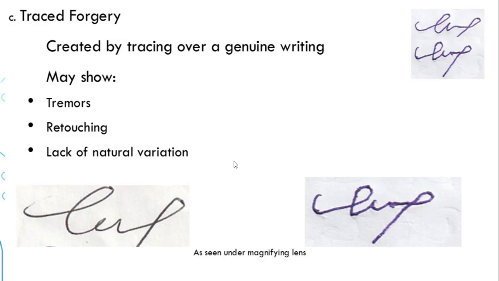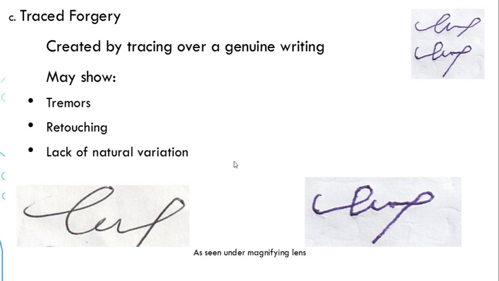Look at this. This one is the original document, as both of them are seen under the magnifying lens. This is the original or the genuine, and this is the copy one, the traced one. After tracing, the writer of this one saw that there's a gap while he was tracing.